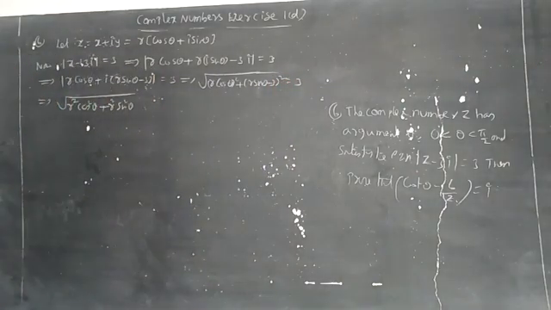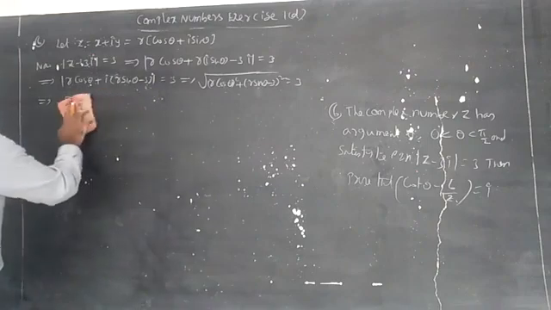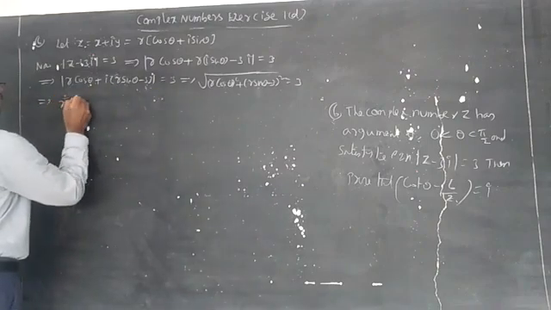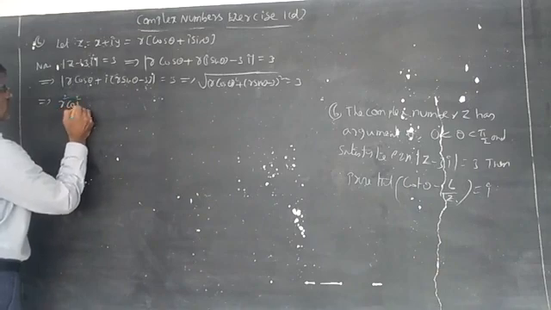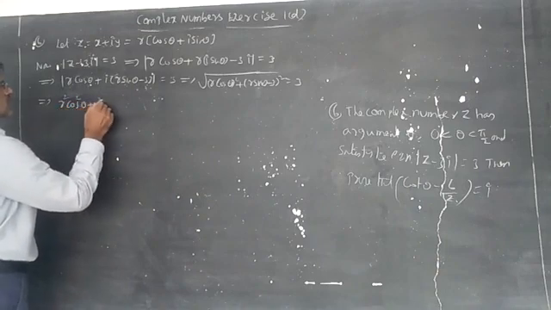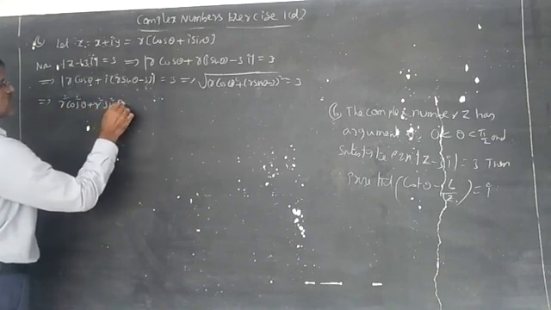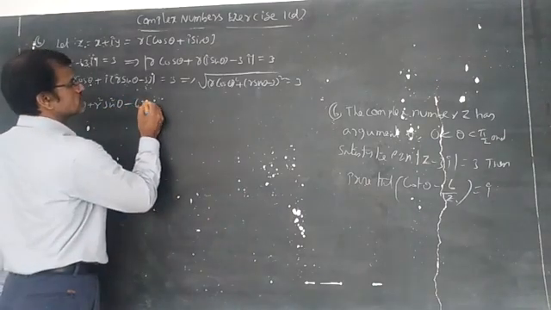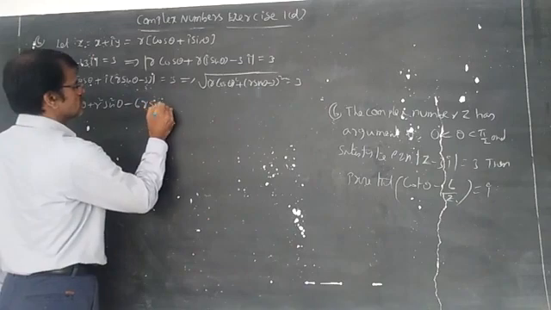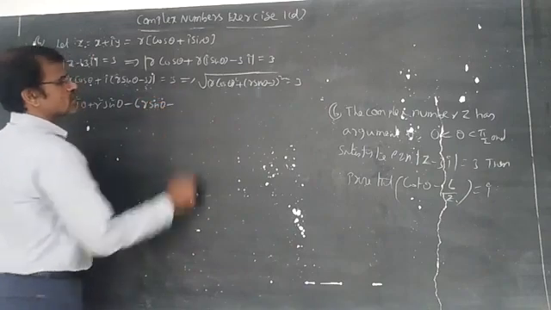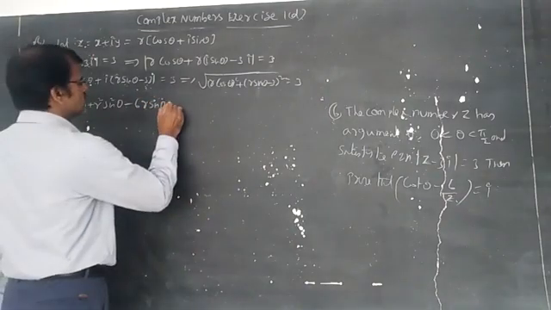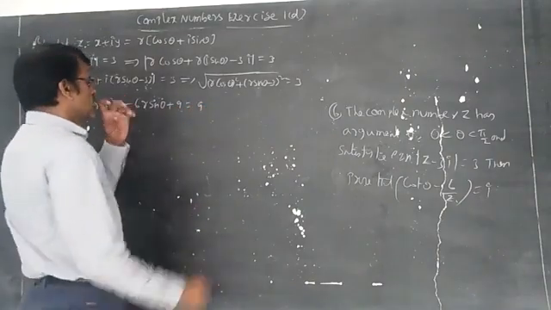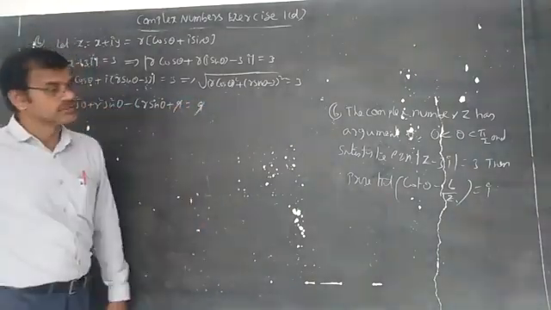By squaring both sides, you can write directly without the root: r square cos square theta plus r square sin square theta minus 6r sin theta plus 9 is equal to 9. The 9 and 9 get cancelled.